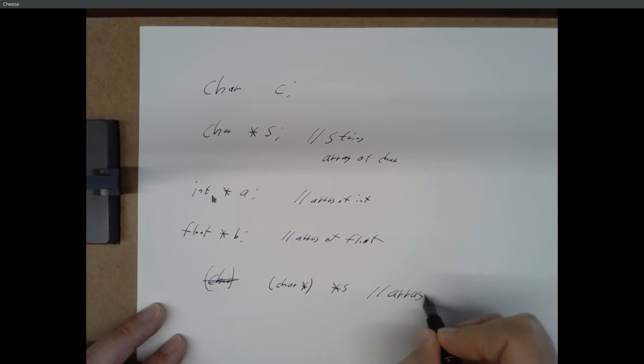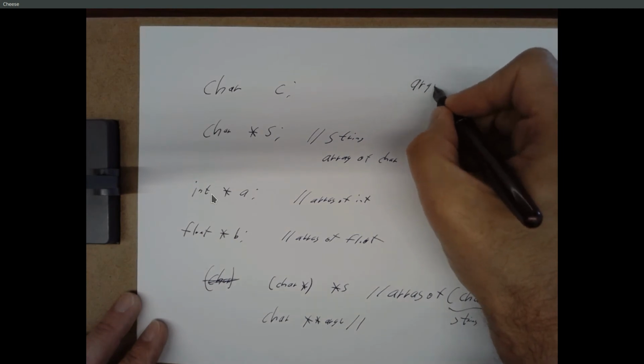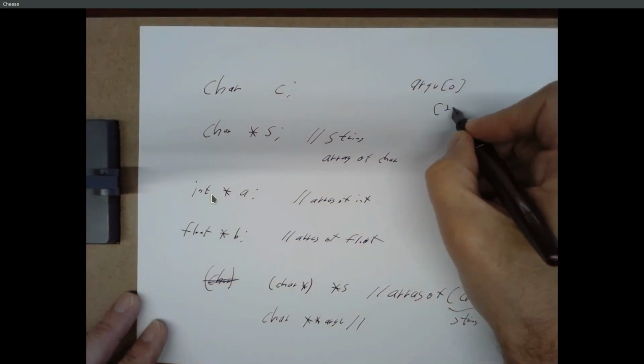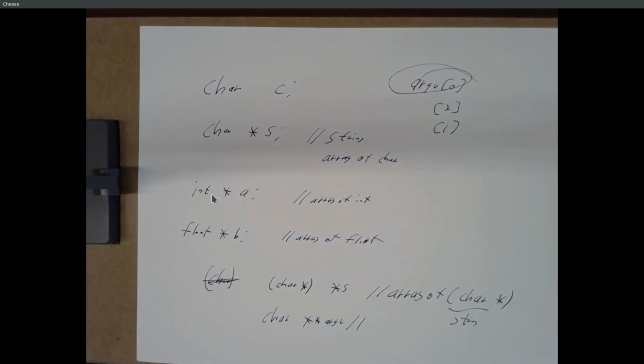That's an array of char *, and char * is a string. So char **argv says argv is an array of strings. So argv[0] or argv[2] or argv[1], each of these is a char *, it's a string. So if you did argv[0][0], that would be the first letter of the first string, for example.